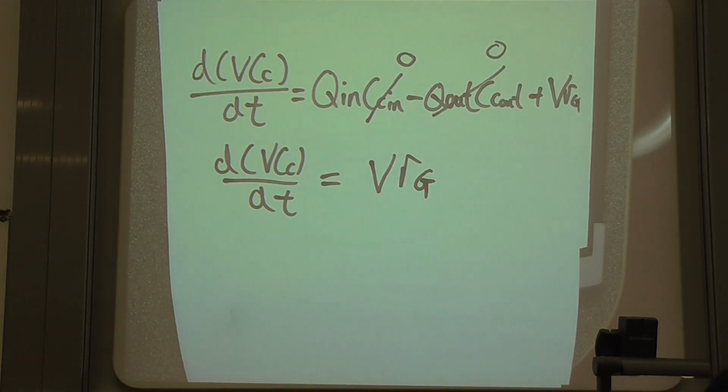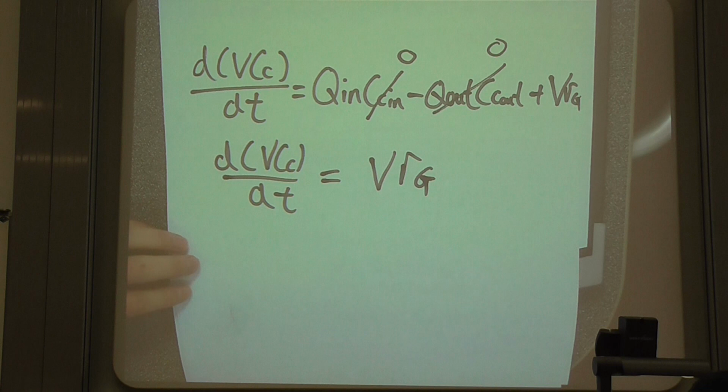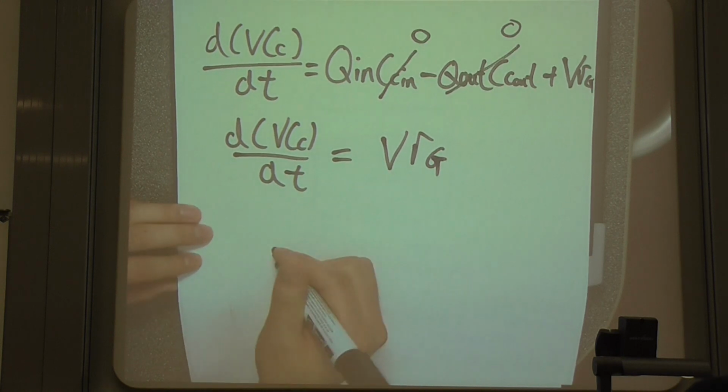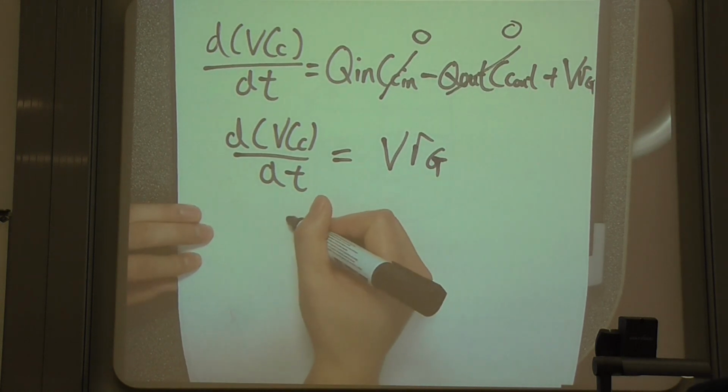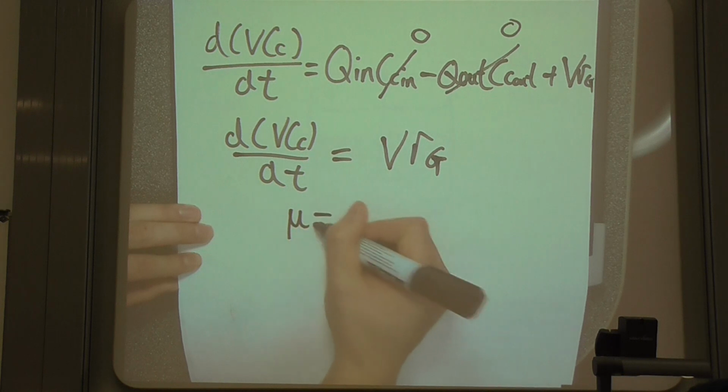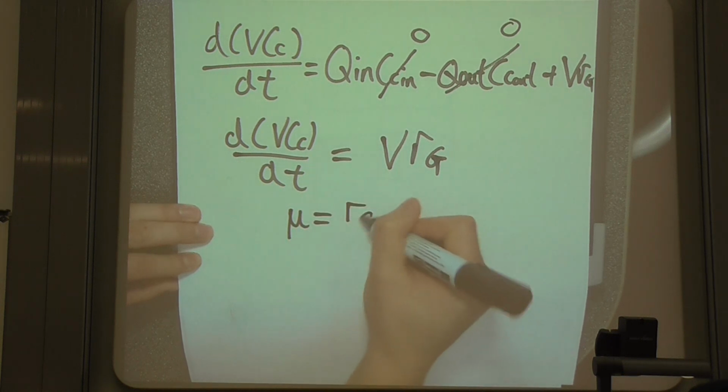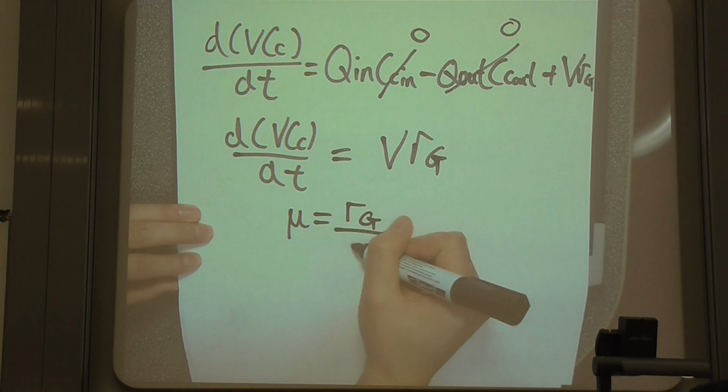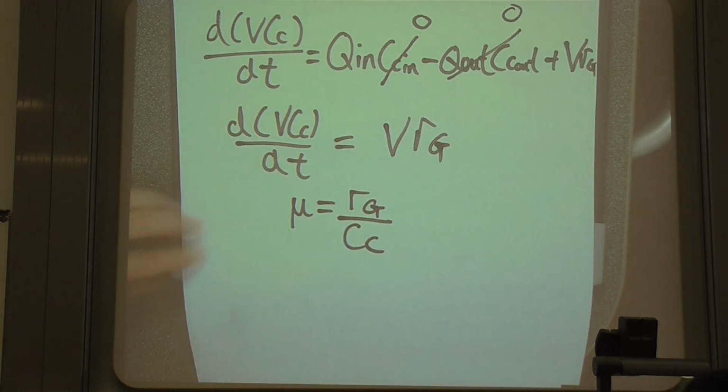Because there is an input, the volume is always changing, so we cannot take volume out of the equation and cancel it. However, we can express the equation in terms of specific growth rate. So we know specific growth rate, mu, equals the rate of growth over the concentration of cells.